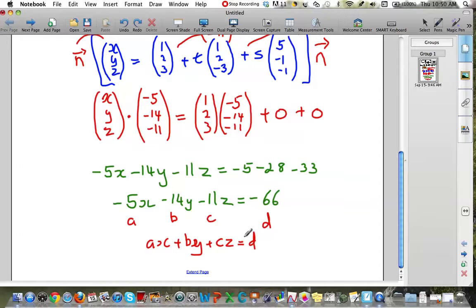D, of course, is a scalar value and is obtained by finding the dot product of any point within the plane and the plane's normal.